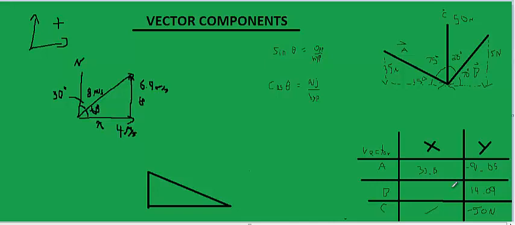And the cos of 70 times 15. Alright, and now that one goes towards the left, so it is negative, and this one is going down, so it is negative too.